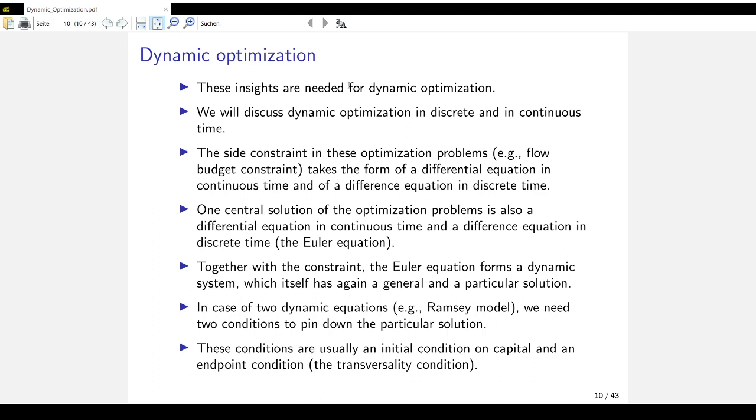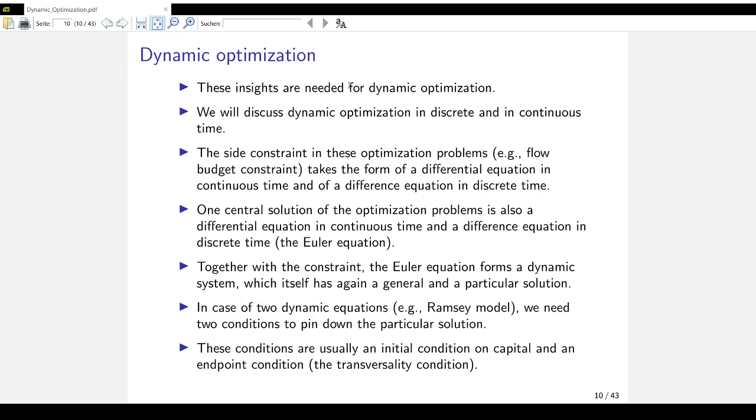And together with the dynamic budget constraint, the consumption-Euler equation now forms a system of two differential equations in continuous time or difference equations in discrete time. And this system again has a particular solution and a general solution. Now, in contrast to what we've discussed before in the preliminaries, we would now need two additional conditions to solve for the particular solution, so to pin down one unique solution path.